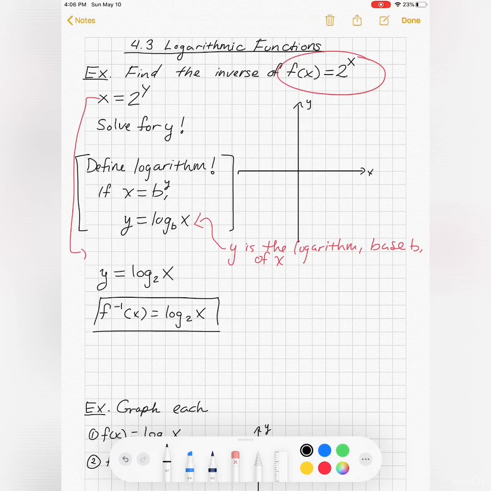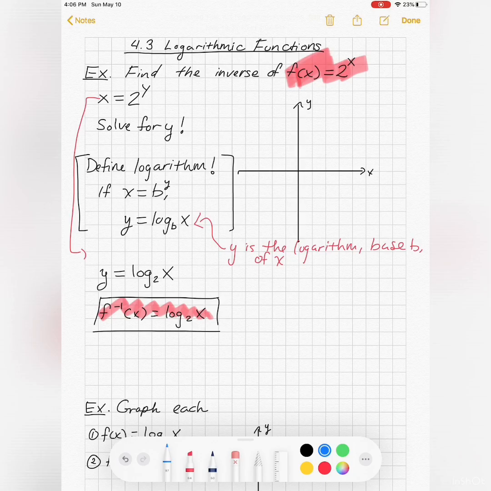All right, so one thing to notice here, if I have an exponential function, its inverse is the corresponding log function with the same base.